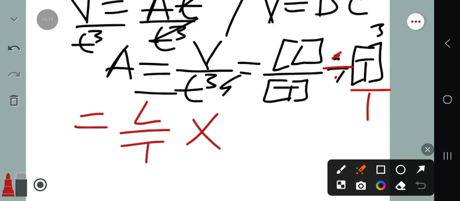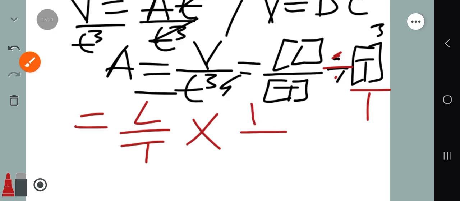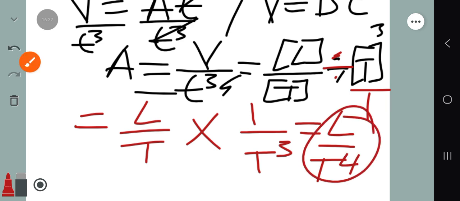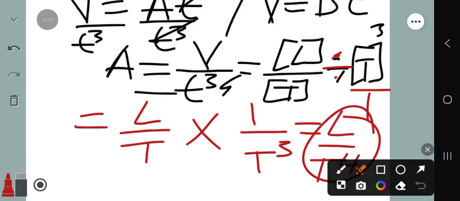So I'm going to have 1 over T cubed, right? That's what we're going to have. Then this equals L per T to the power 4. So this is the answer, right? So that is the dimension of A. L per T to the 4, right?